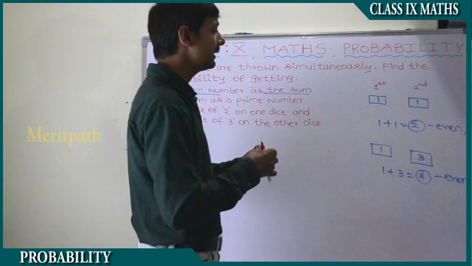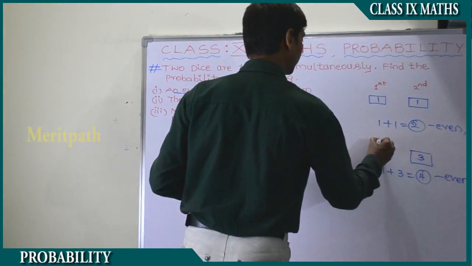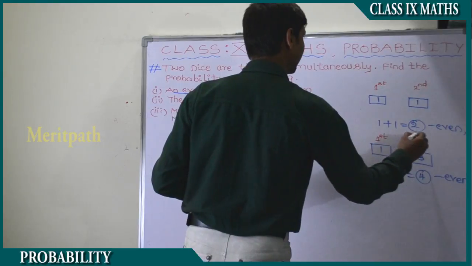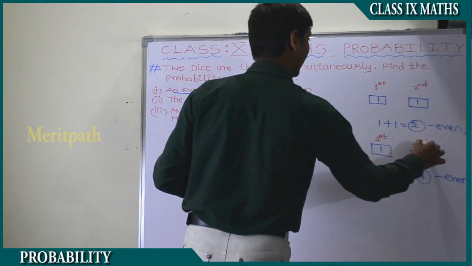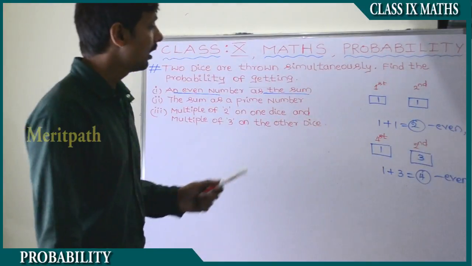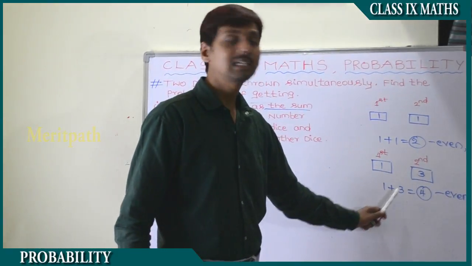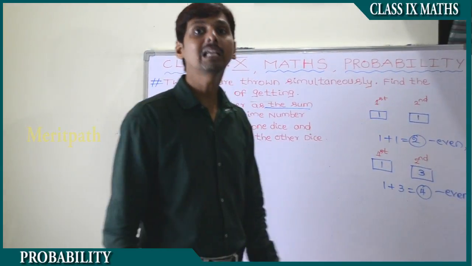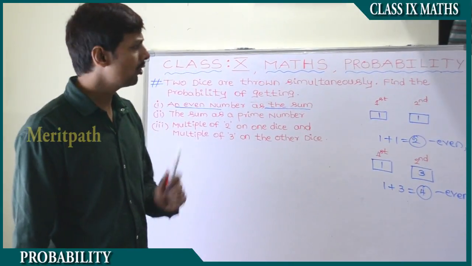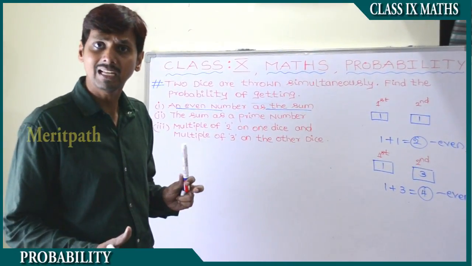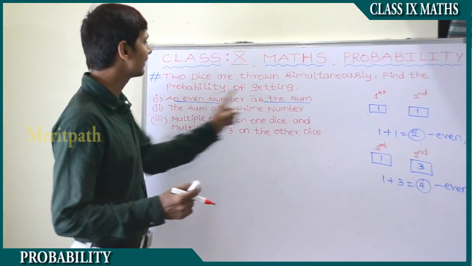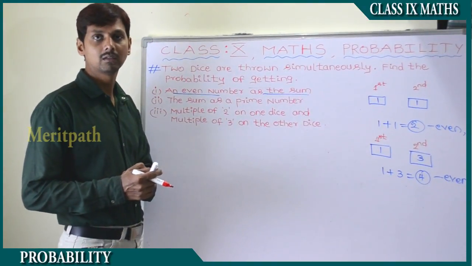So how many possibilities are there to get an even number as a sum? We need to find out.